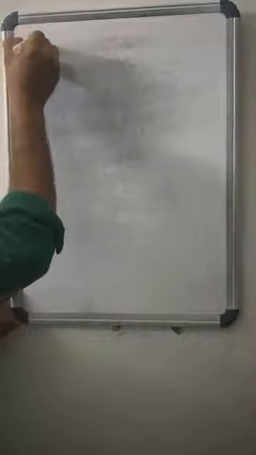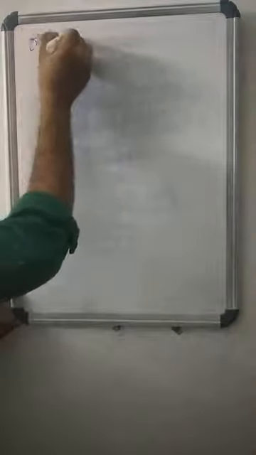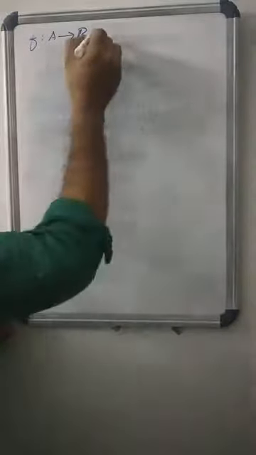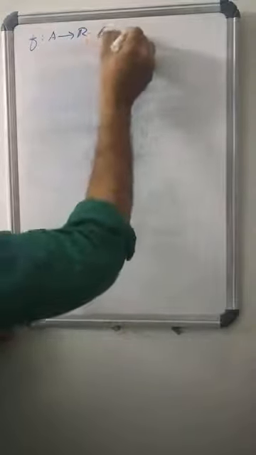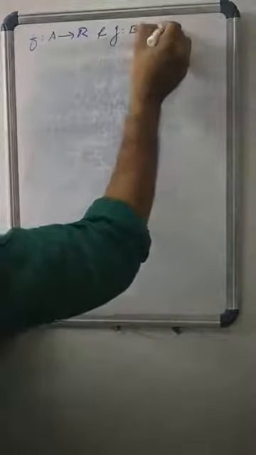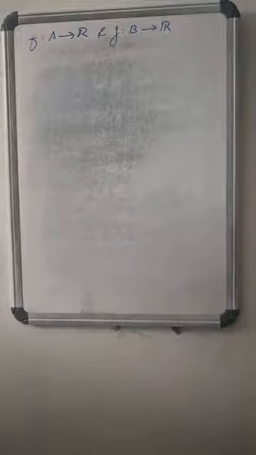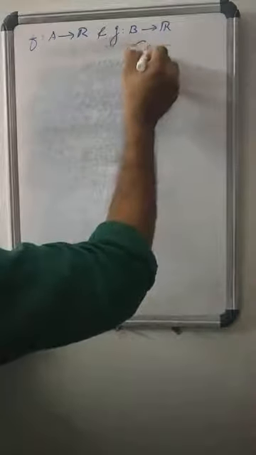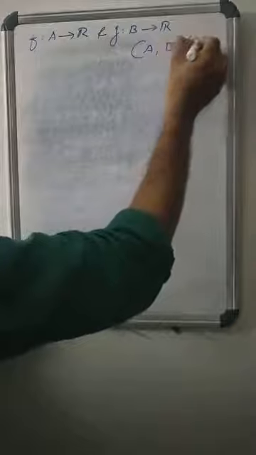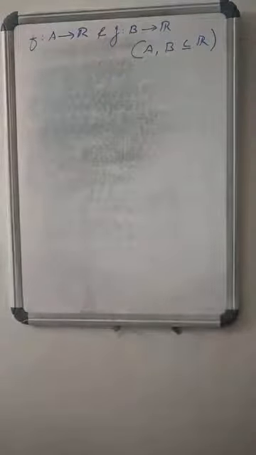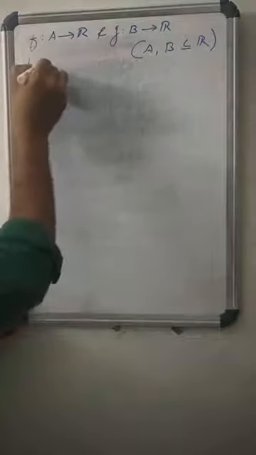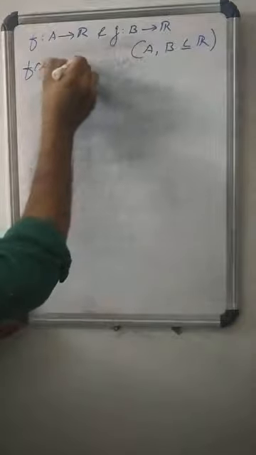Let us consider two functions, f from A to R and g from B to R, where A and B are any two non-empty subsets of R. Also, f(A) is a part of B.